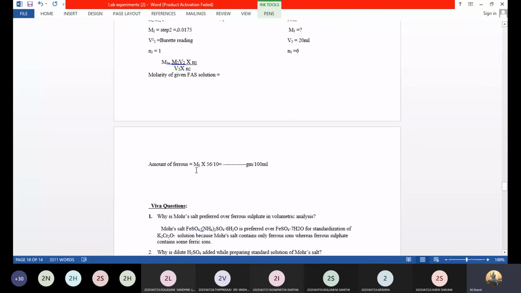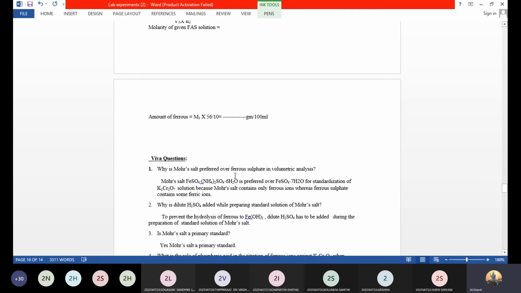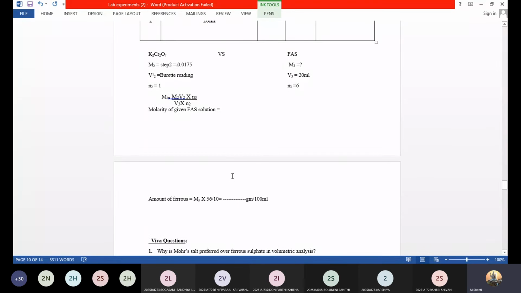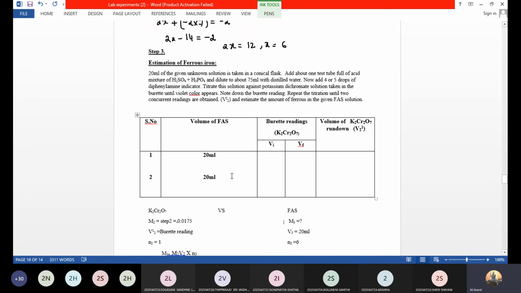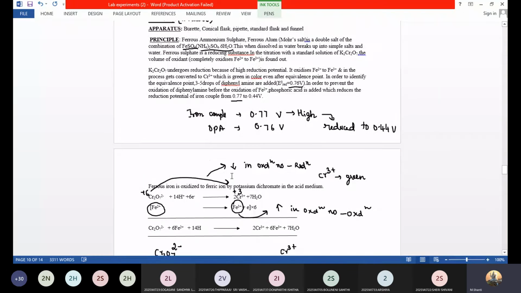Once M3 is known, multiply with 56 by 10, because we are finding out how much amount of solution 100 ml. So therefore divide by 10 to get the amount of ferrous in grams. Very simple. So 2 titrations each batch. Any doubts here?